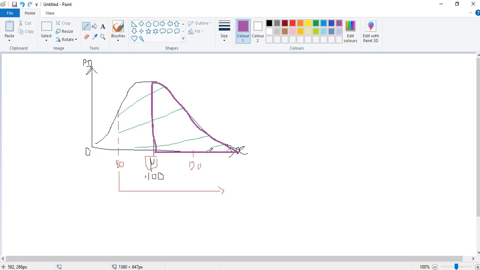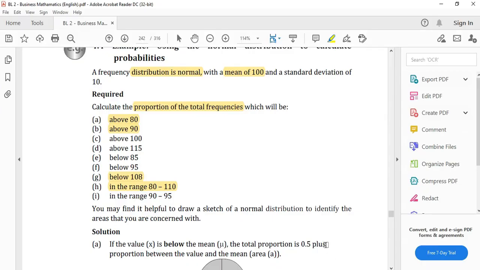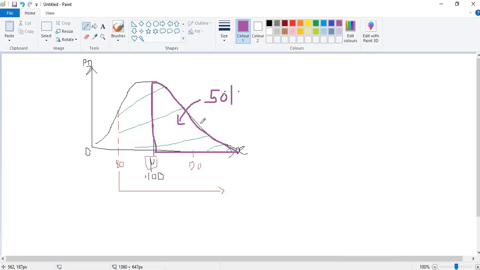We are considering everything, isn't it? Since we are considering everything, I told you all this will be equal to 50%. Why is that? Because we are considering all the values.